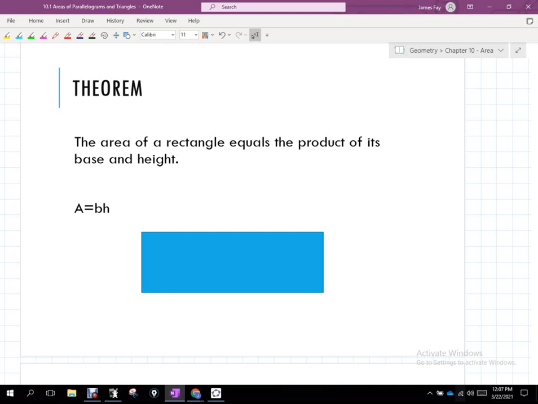Length times width, okay? Usually length being the longest and width being the shorter distance. We use B for base, H for height, which is really for altitude. And we'll do that because of how all of our other formulas are determined off of this.